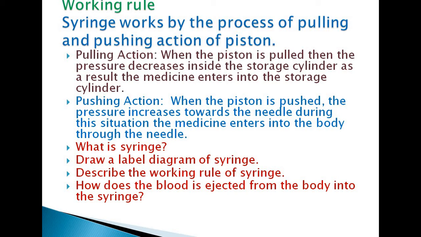Okay, the blood is ejected from our body by using a syringe, and the action that we conduct is pulling action. By pulling action of the syringe, the blood is ejected from the body.